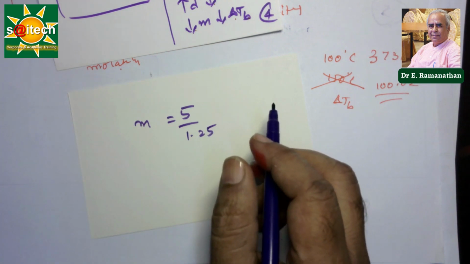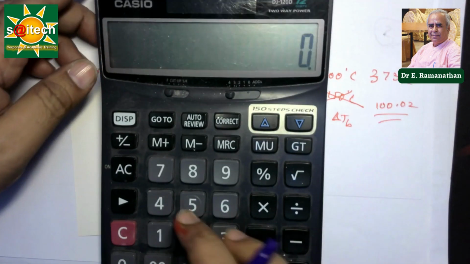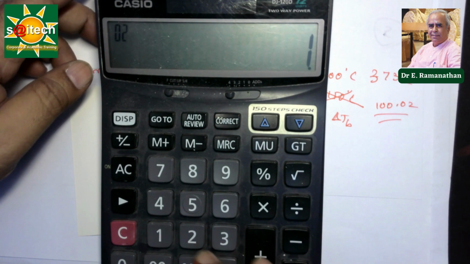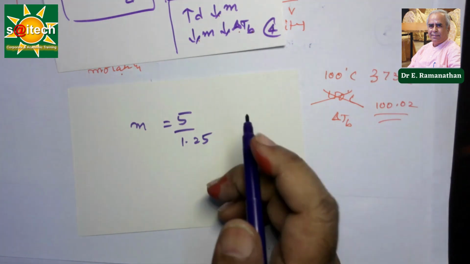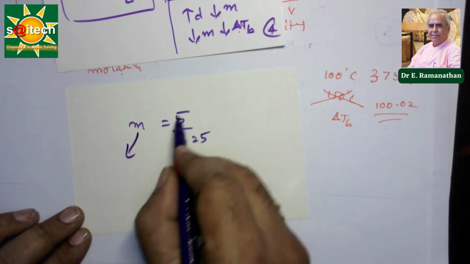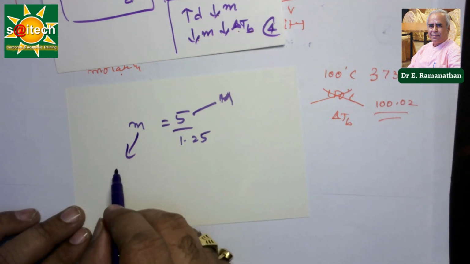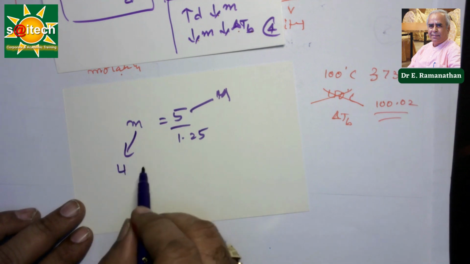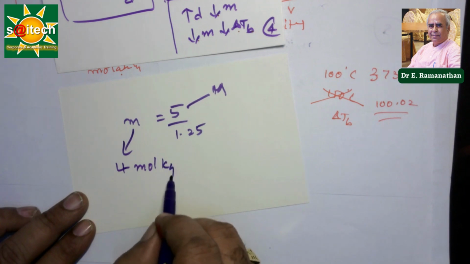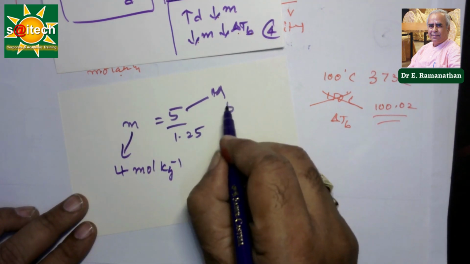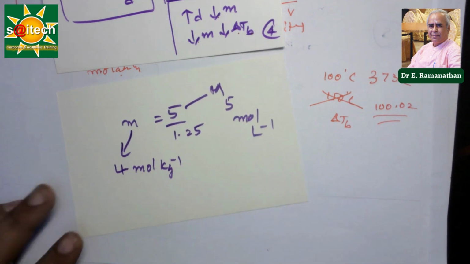So in that case, just look at it, what happens when you divide 5 by 1.25? It drags the value to 4. Do you understand this? So this becomes 4. So you just imagine this is molarity, this is molality, that is 4 moles only. You just imagine this is 4 moles per kg, whereas this is 5 moles per liter. Do you understand?